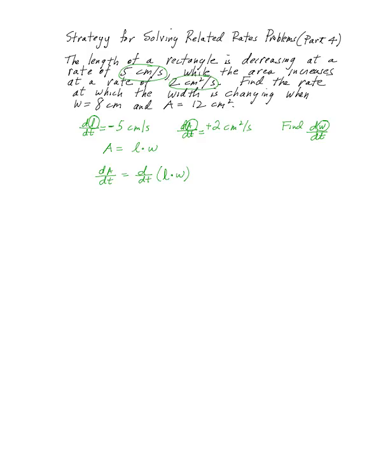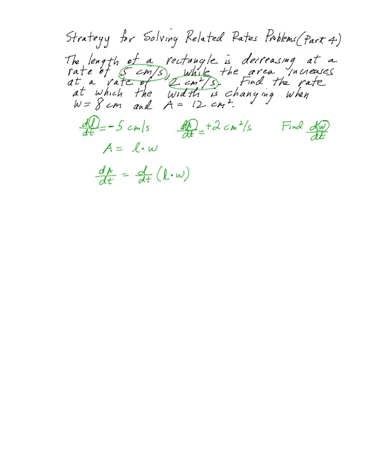If you want to solve this equation for W, that's fine. You're going to get W equals A divided by L, but then when you differentiate, you've got to use the quotient rule. And that's fine if you want to do that, but solving for W really isn't necessary.